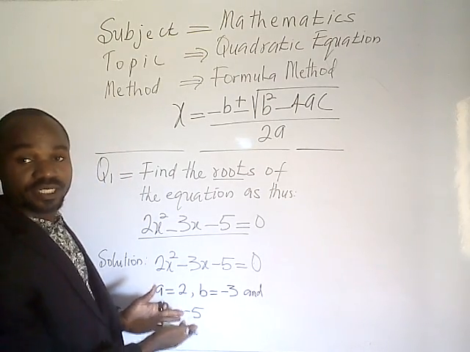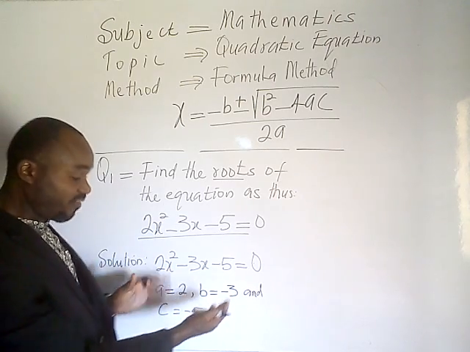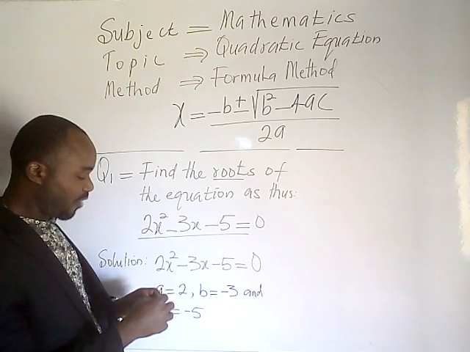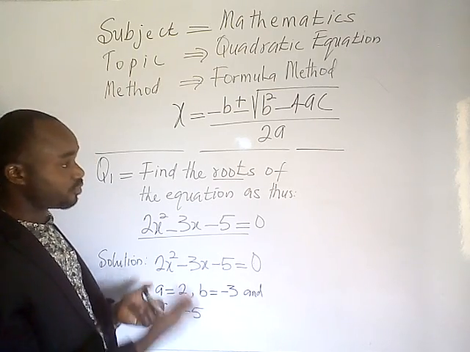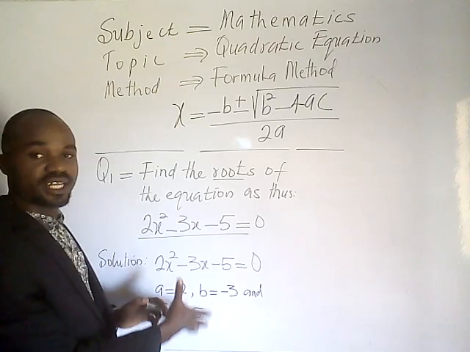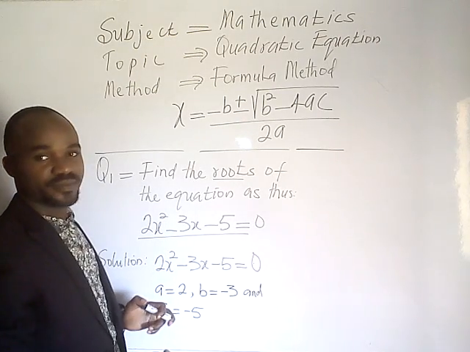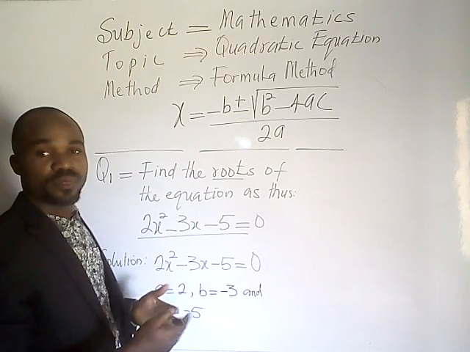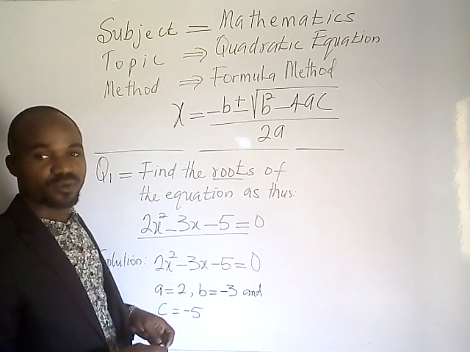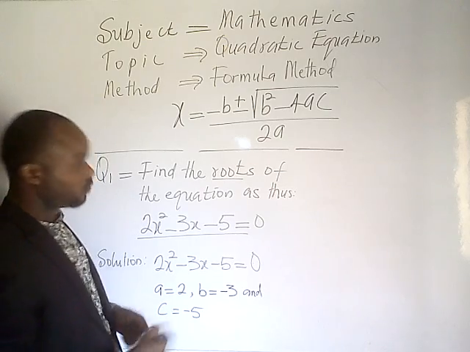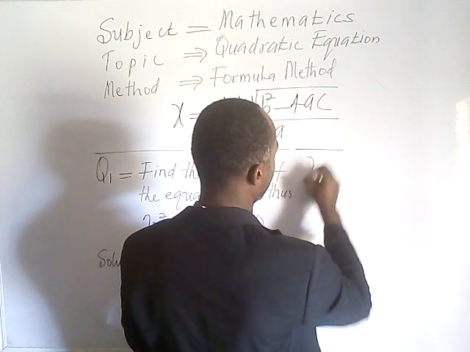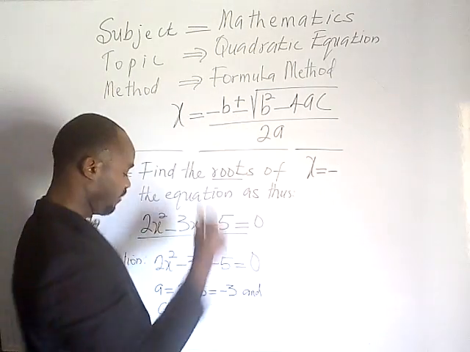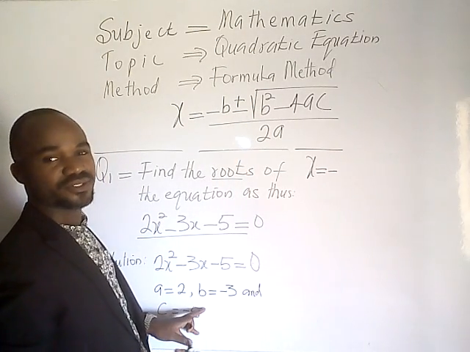Having known the values of these letters, the next step is to substitute them in the formula provided. The formula is very simple, so we can use it with ease to solve whatever question is given to us. So x is given as minus b in the formula, and the value of b here is minus 3.